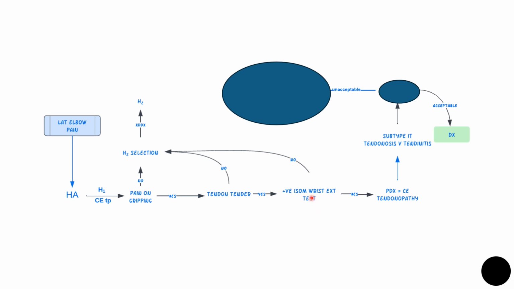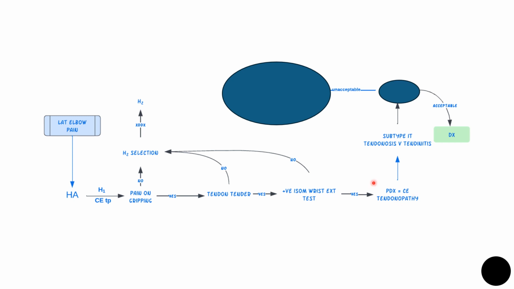And if that is negative, then we have to go back to H2 again. We'll come back there in a second. But if the answer to that is yes, the isometric wrist extension is positive, we've got a pretty certain idea that this is at least provisionally common extensor tendinopathy as far as the provisional diagnosis is concerned.